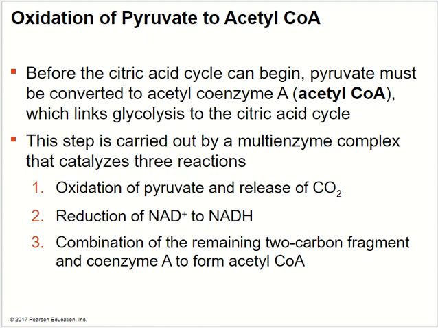This step is carried out by a multi-enzyme complex that catalyzes 3 reactions: the oxidation of pyruvate to release carbon dioxide, the reduction of nicotinamide, and the combination of the remaining 2-carbon fragment with coenzyme A to form acetyl coenzyme A, or acetyl-CoA.